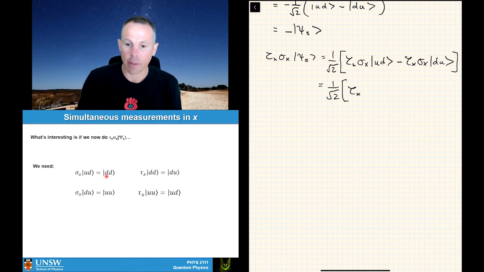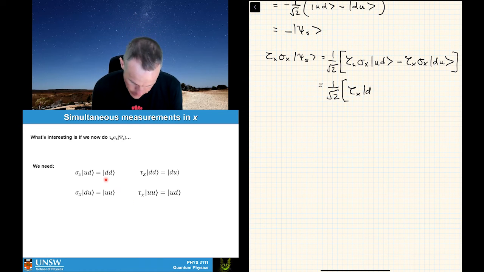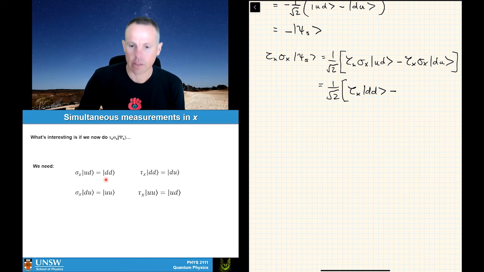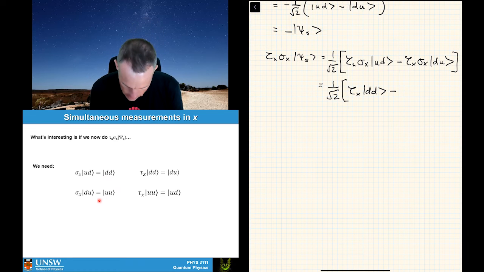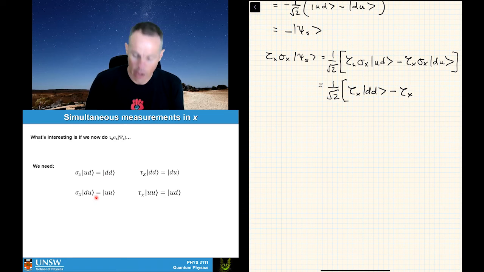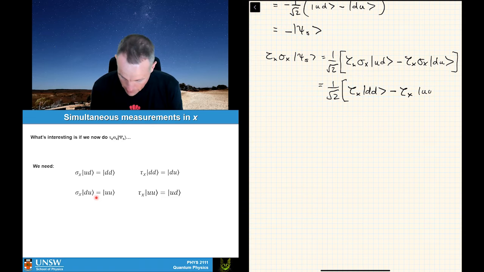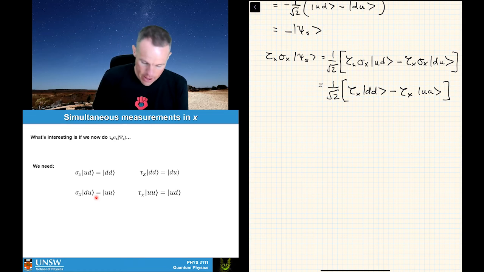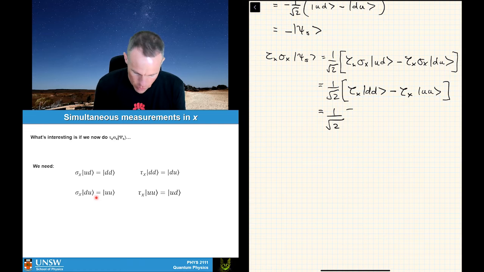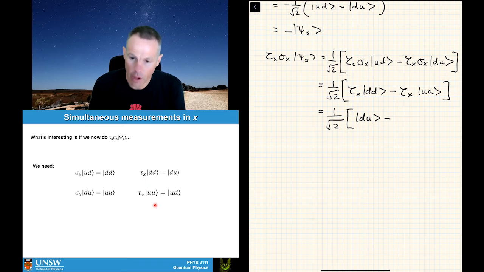Our sigma x up, down will give us down, down, minus tau x. Our sigma x down, up will give us up, up. And then we need to activate the tau operators here. So tau on down, down will be down, up, minus tau on up, up will be up, down.